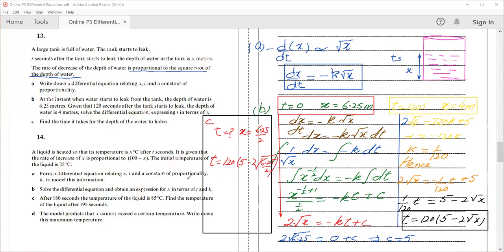If I'm not wrong, you have to use your calculator and get the answer. 6.25 over 2 becomes 2.5. So 125 as it is minus 2 into 2.5 divided by under root 2. Now, I don't have the calculator right now, but you have to use your calculator to find the answer of this time.